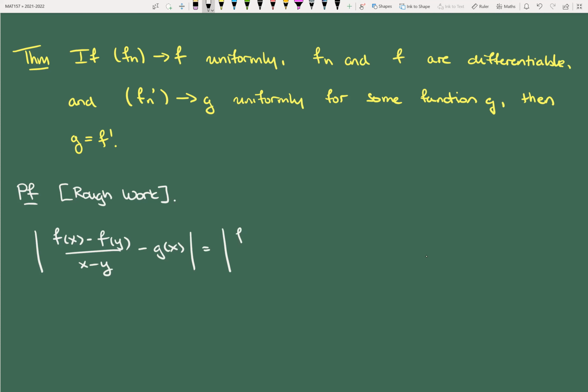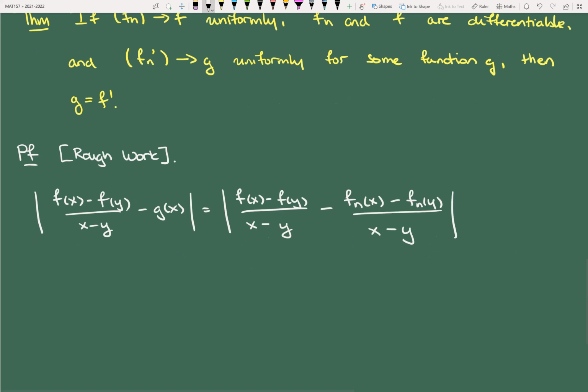So let's write this as (f(x) minus f(y)) divided by (x minus y) minus f_n'(x). Is that what I want to do? Pretty sure it is. Let me just double check here. Yes. Okay, plus (f_n(x) minus f_n(y)) over (x minus y), minus, I think I want here f prime.